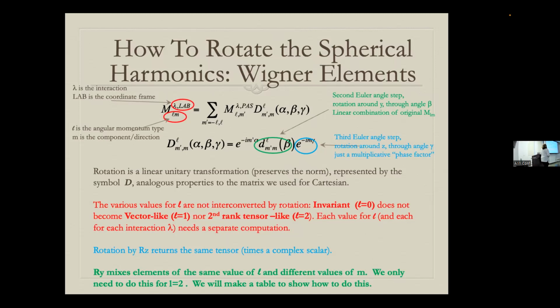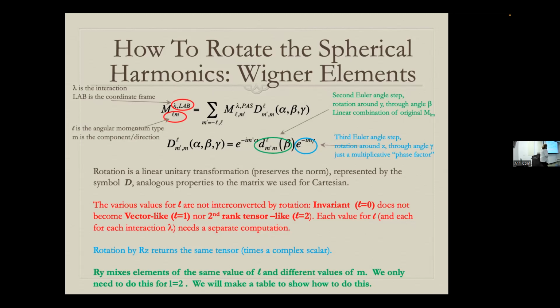And I want to know, how does that look like when I have to rewrite it in the laboratory frame? So I have to rotate it. The usual symbol for rotating spherical tensor is capital D, not R. That's the first thing you notice. And capital D, I want to use the same convention.